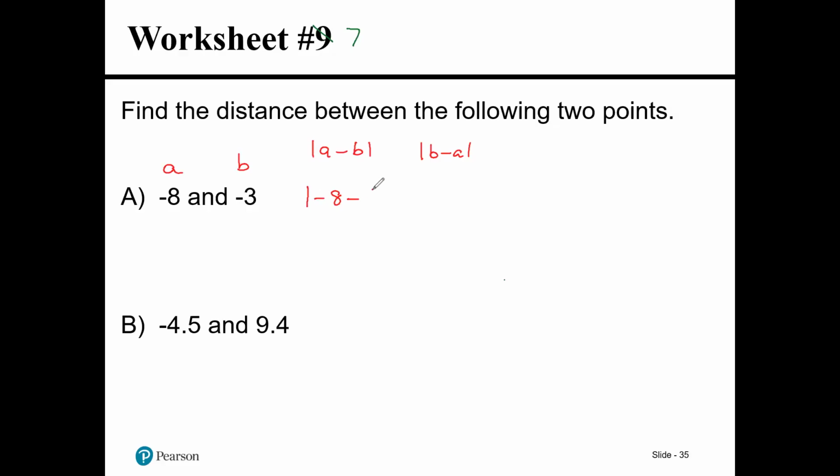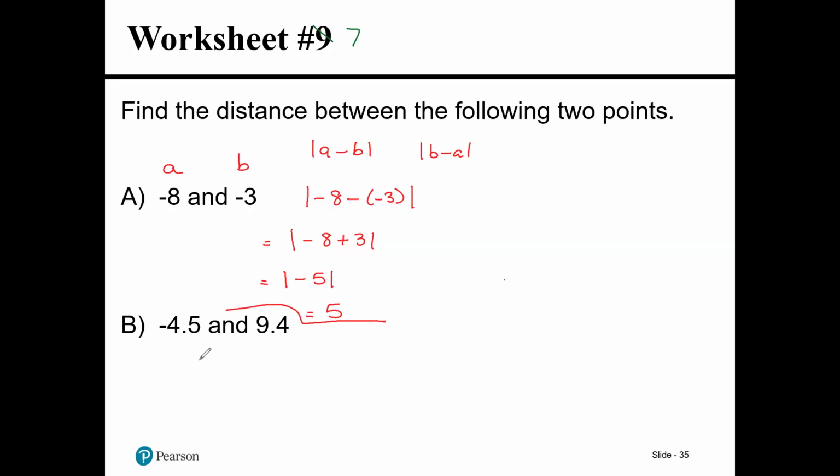So negative 8 minus negative 3. So we got negative 8 plus 3. The distance is going to be negative 5. So the distance is just going to be 5.